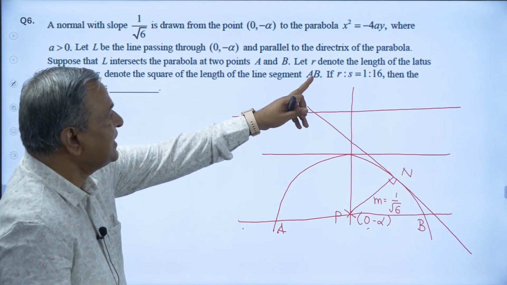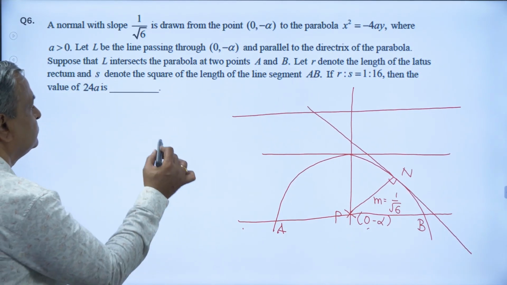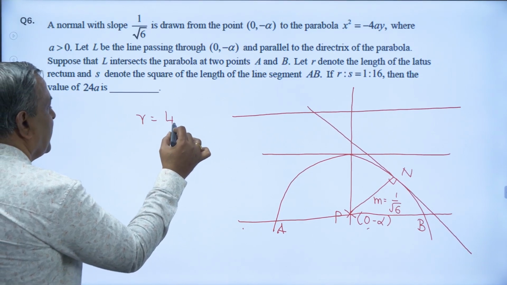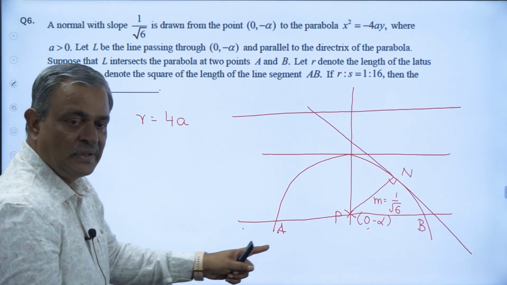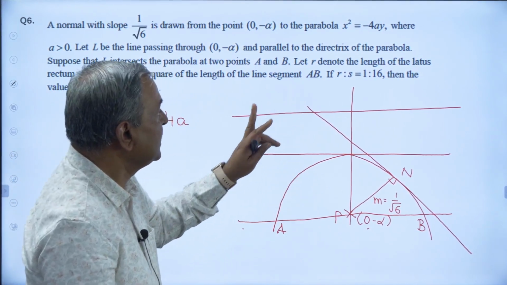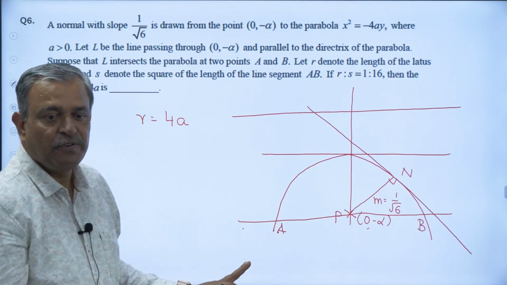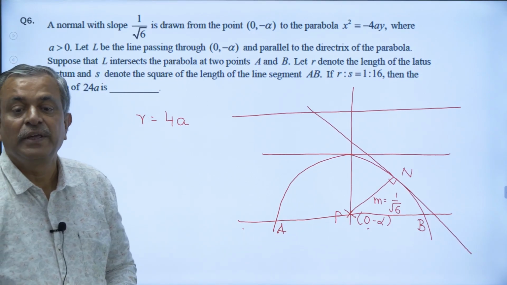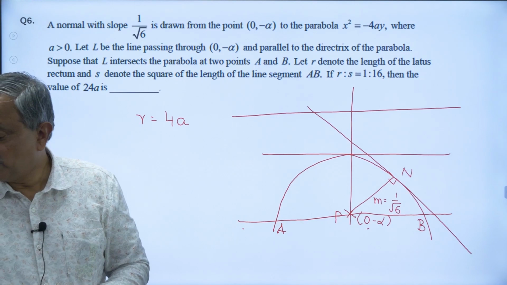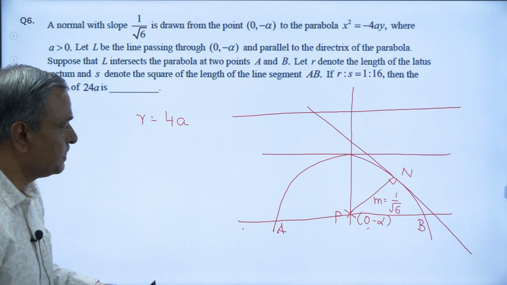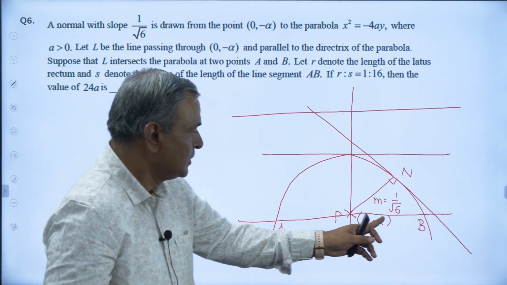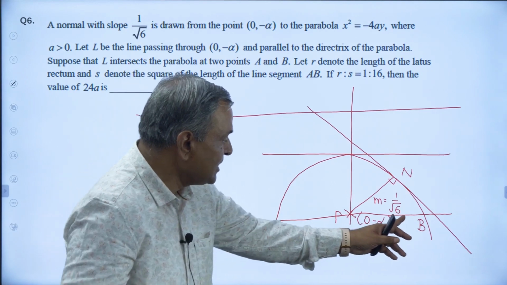Now, let R denote the length of the latus rectum. R is equal to 4a. Length of latus rectum R is equal to 4a. S is the distance AB, which we require. So x square is equal to 4ay. In this, the height is how much?